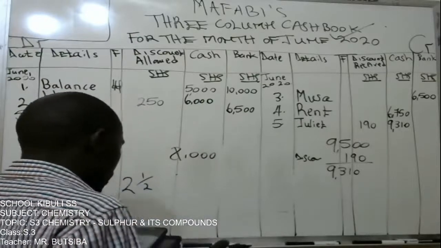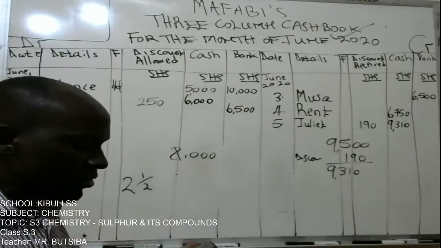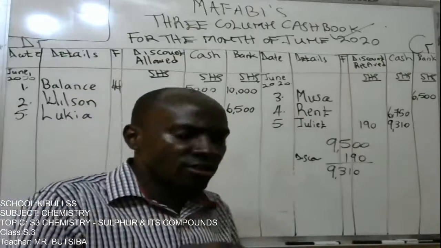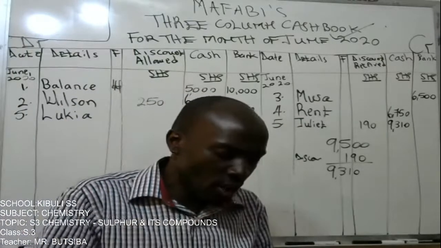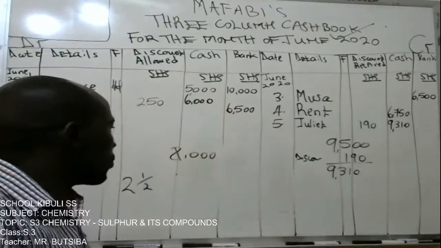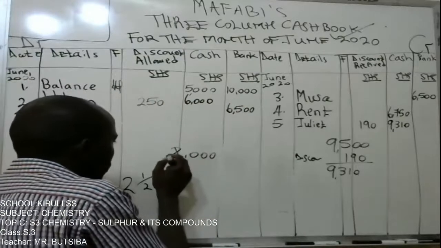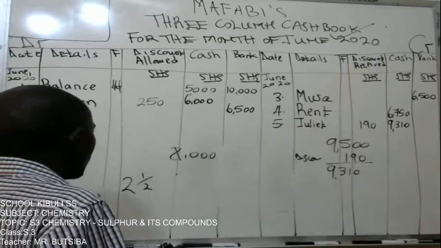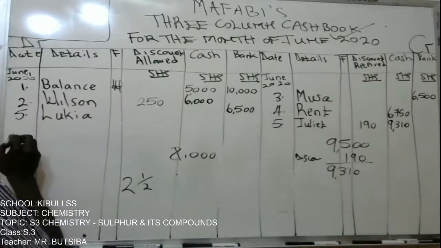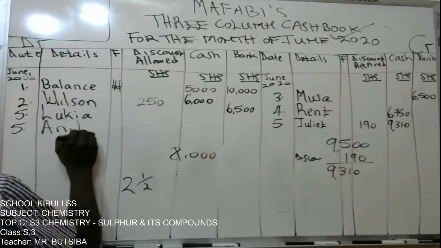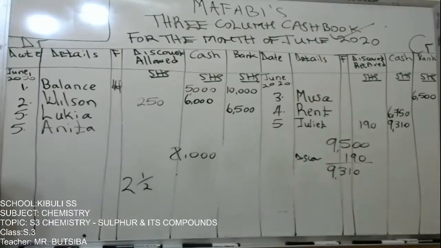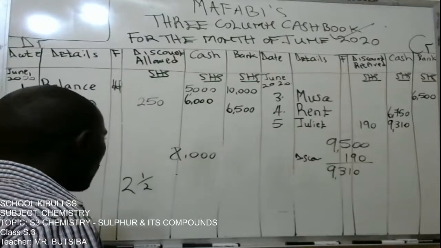So you are supposed to receive 8,000 from Anita on 5th.